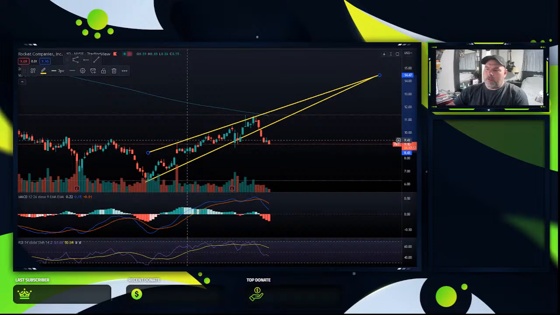But if you're going to use wicks on top to draw your line, you really need to connect the first two major wicks. And if you use wicks on bottom, you can't go candle bodies on top and then wicks on bottom or vice versa. You've got to go wick to wick, same thing on the bottom. Or then you're skewing it to fit your theory or what you want to happen.